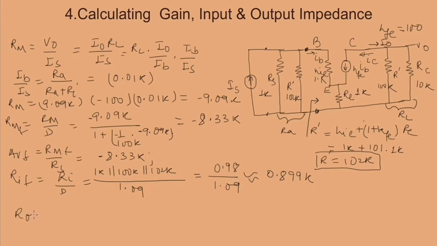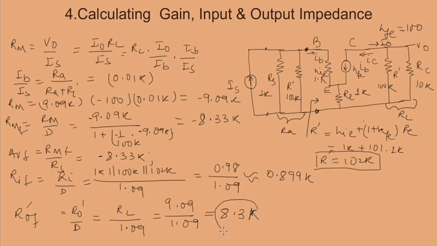Similarly, we can do calculations for ROF dash, which is RO dash by D. RO dash is the same as it was previously, only there is a change in D. This time D is 1.09, and RO dash is RL, which is 9.09K, divided by 1.09, which will give us a value of 8.3K.